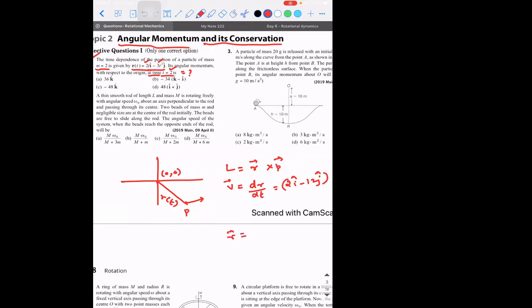R vector is 4 i cap minus 12 j cap, right? So mass is there. You can write it as m into r vector cross v vector also. Find out what r cross v is and tell me the answer.